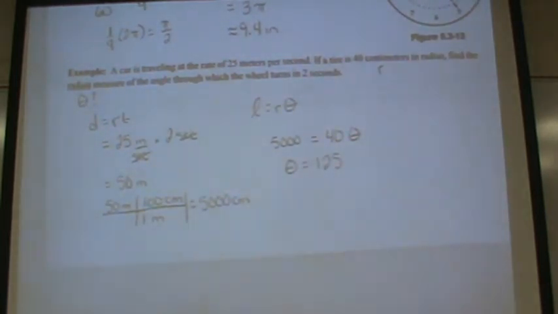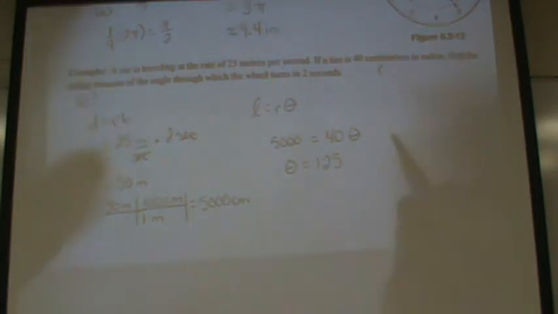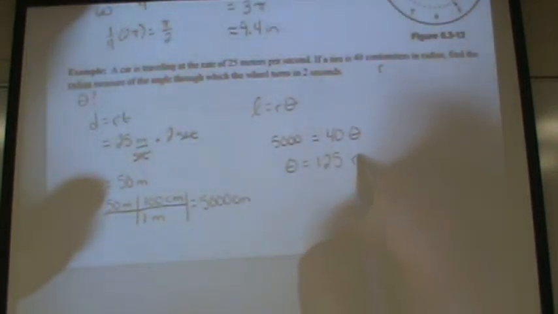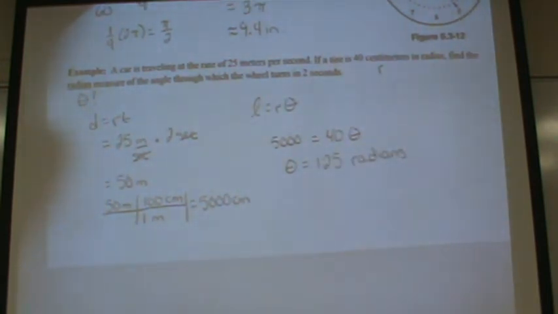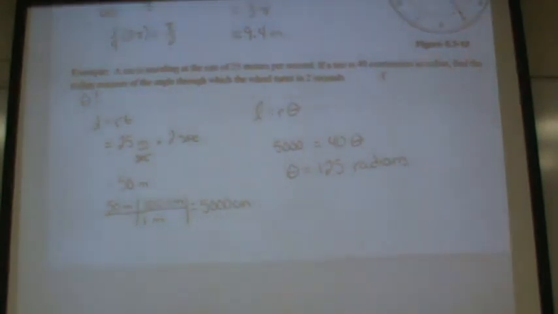Now this 125 is your radian measure. Nowhere in here did we go to degrees. Remember that in this equation, you're finding theta in radians. So this is 125 radians. You don't have to put radians, it can just be 125. But so you remember that it's radians, you might want to write it down.